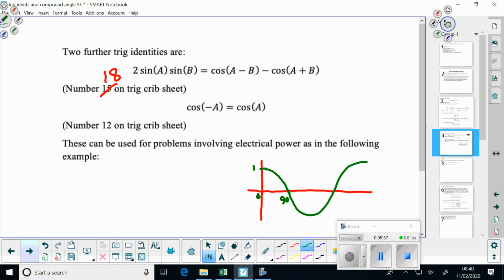So if we take the cosine, it is equal to cosine of minus the same angle.